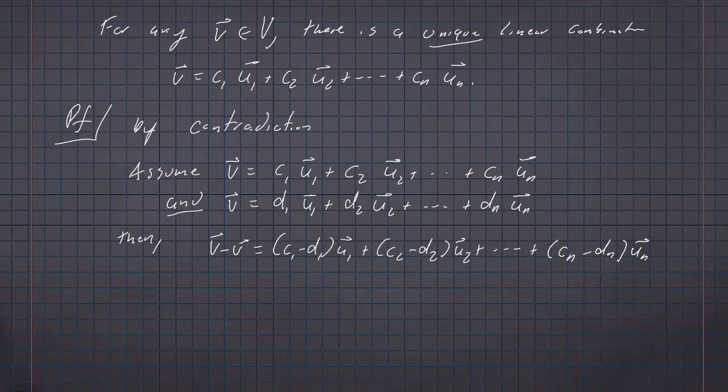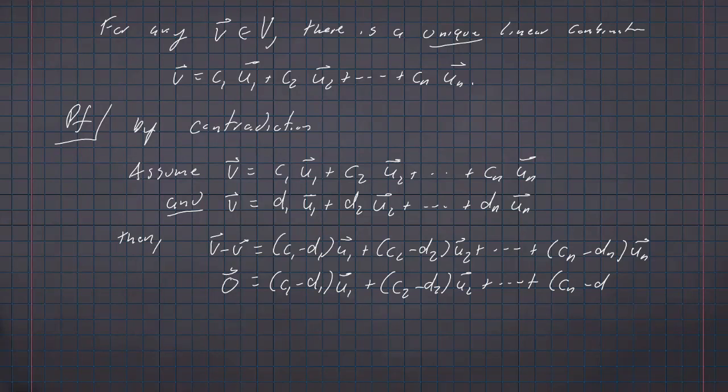Any vector minus itself, by properties of a vector space, must be the zero vector. And so we have a linear combination of the vectors in our basis, which is equal to the zero vector.